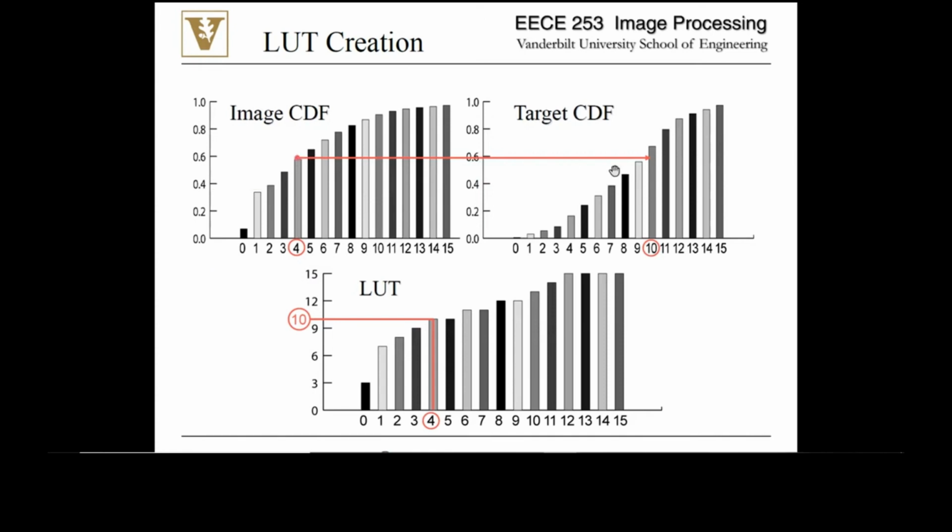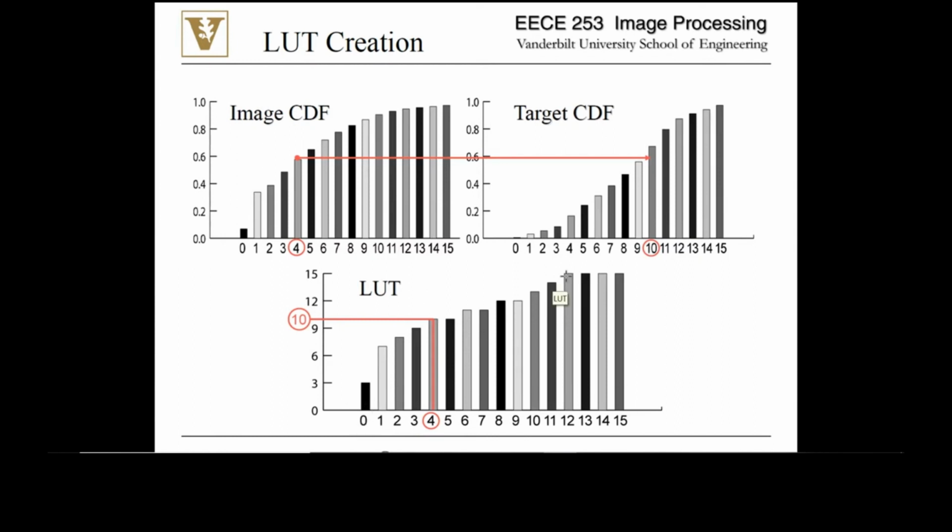And then you have to look for a value in the J image such that you have at least 60% of the pixels below that value. So 4 has to be transformed into 10. If you repeat that process for all the input gray values, then you would have these output gray values. And this is your lookup table.